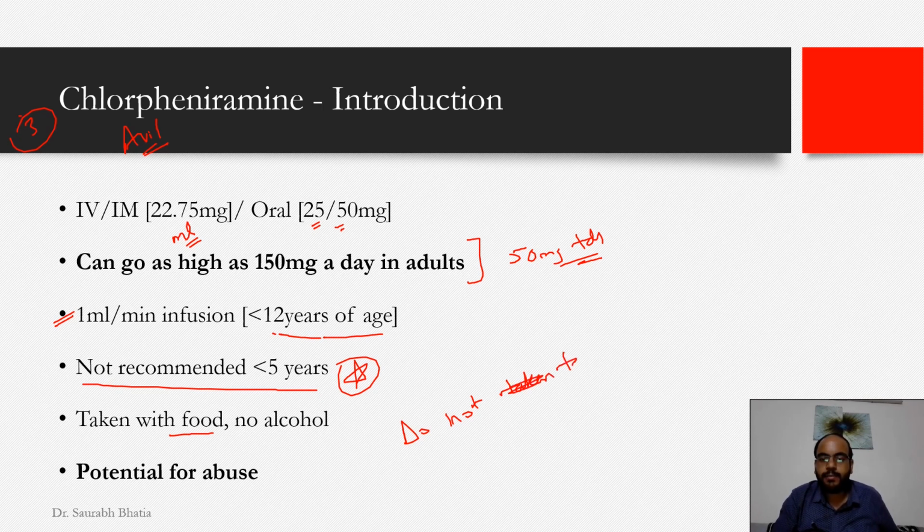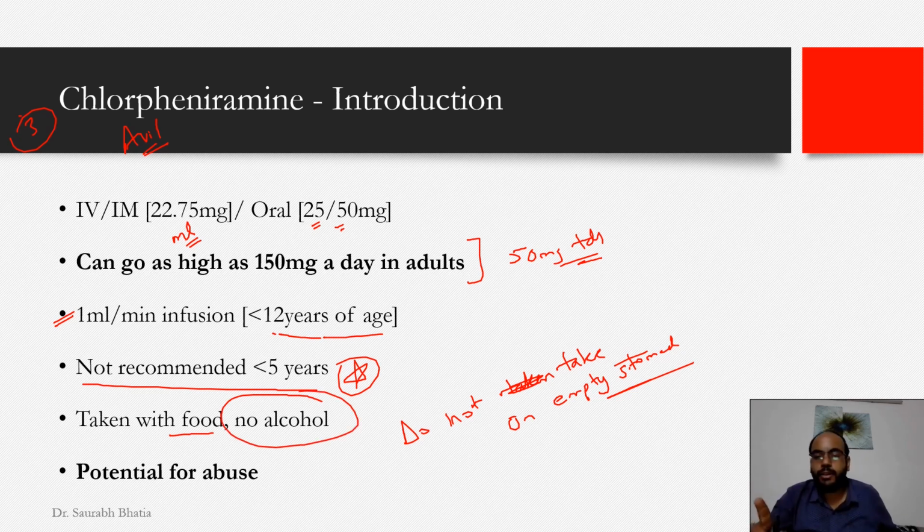Do not take on empty stomach. You have to take it with food. Do not take it with alcohol. No alcohol. If you combine it with alcohol, you will land up in serious trouble. Chlorpheniramine has a potential for abuse.